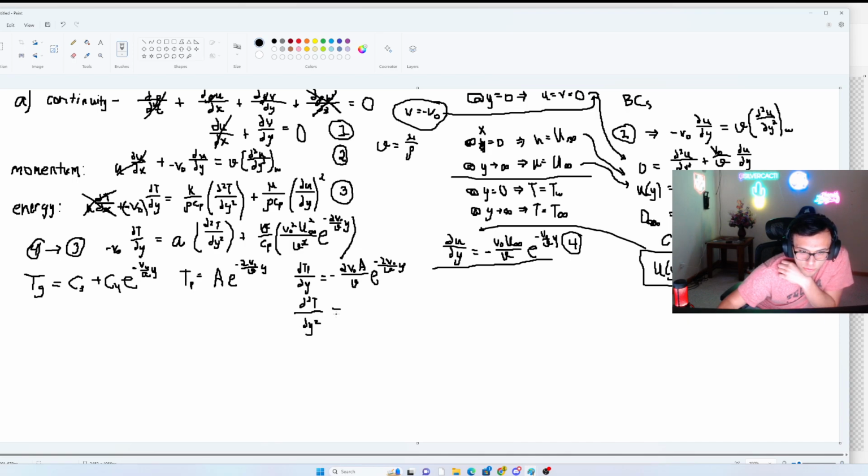This is going to be equal to 4 v sub O squared, which is the rate at which we're suctioning out that fluid out of the sponge, times viscosity squared. And then the e to that value.